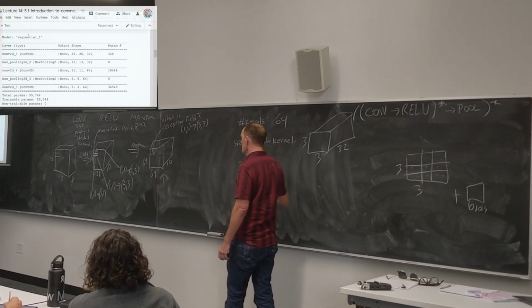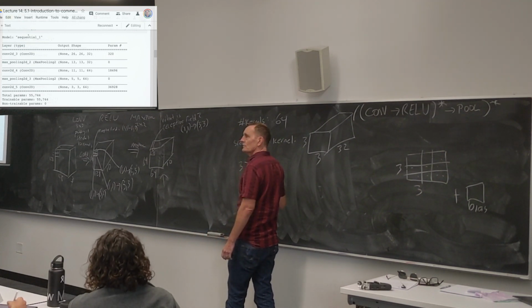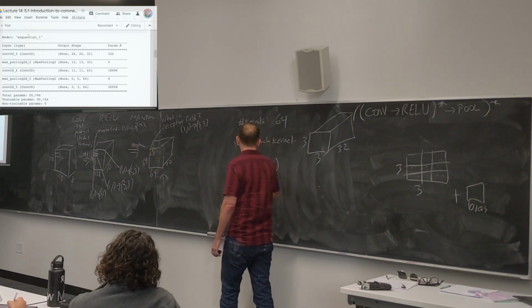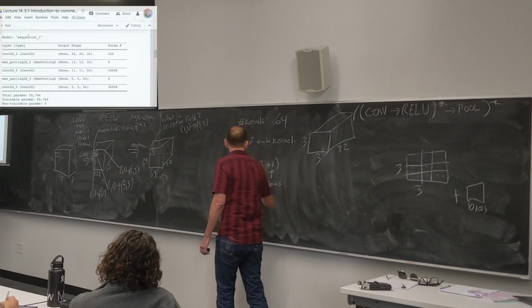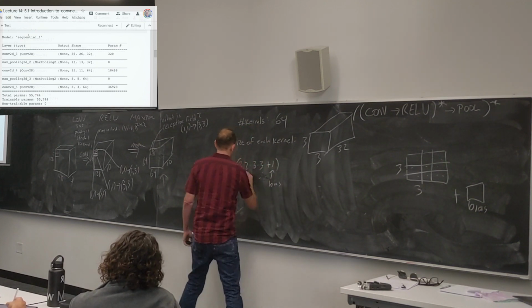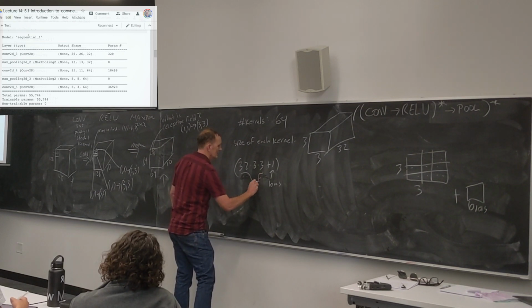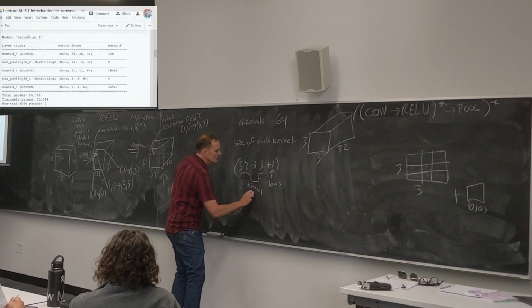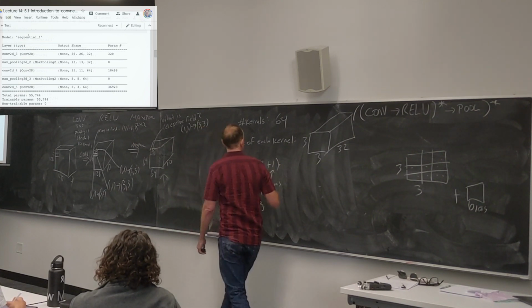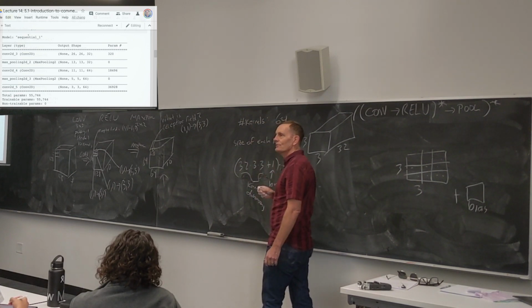Plus 1 for the bias. So bias plus kernel dimensions, times how many kernels do we have? 64.